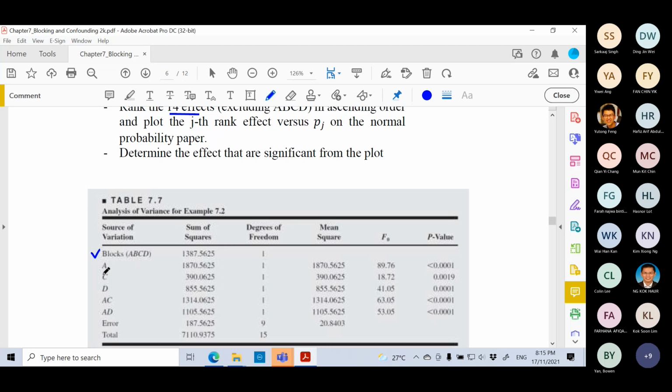After that, they only list down those, they're using case number 2, those that are the important factors. They will leave them in the model. Those that are not important, we will put in the error.